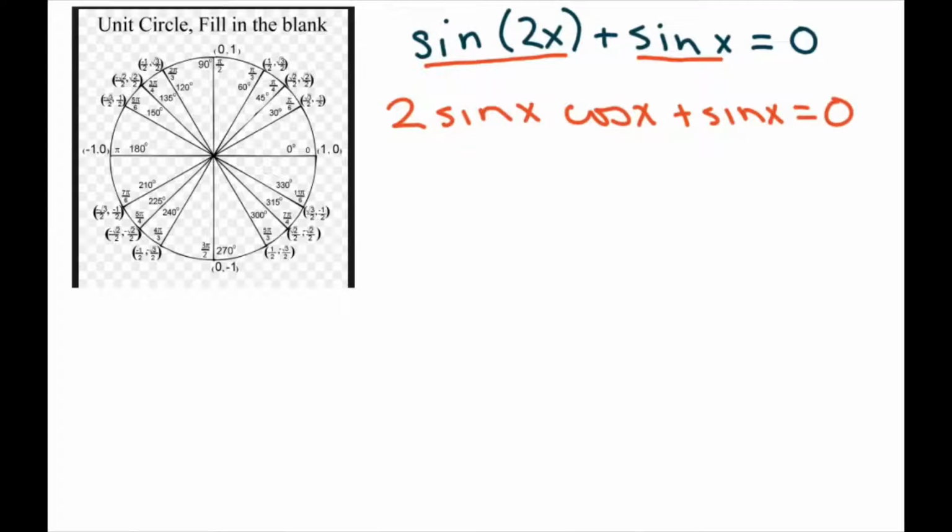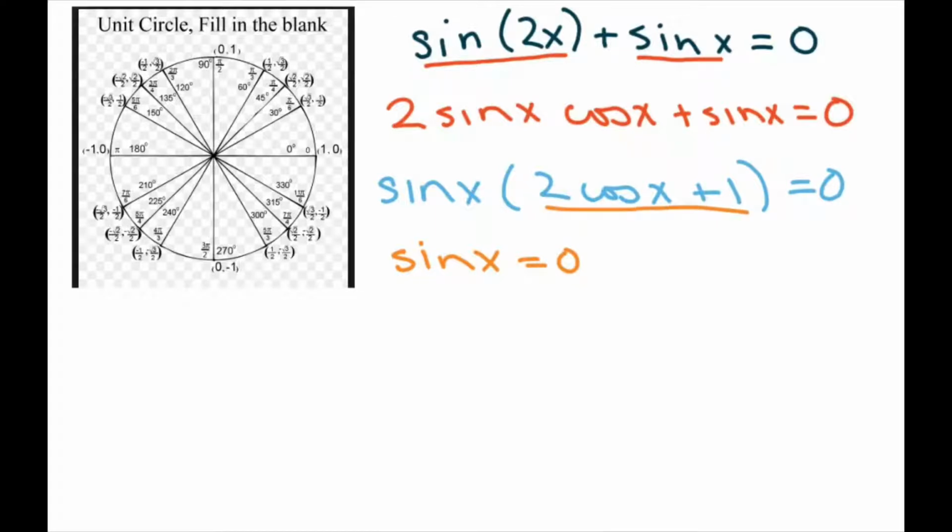Then what you're going to do is factor out a sine x. When you do that, you're going to get 2 cosine of x plus 1 equals 0. Remember, it's kind of like dividing, but you're not losing the divisor. So set each piece to 0.